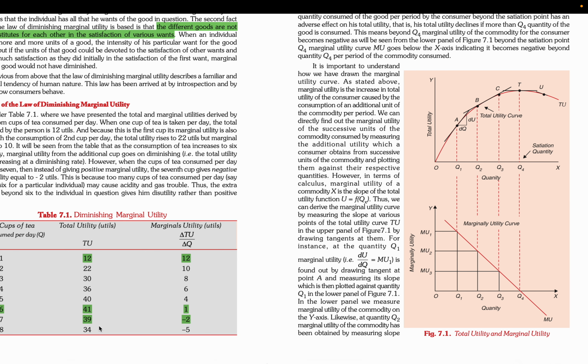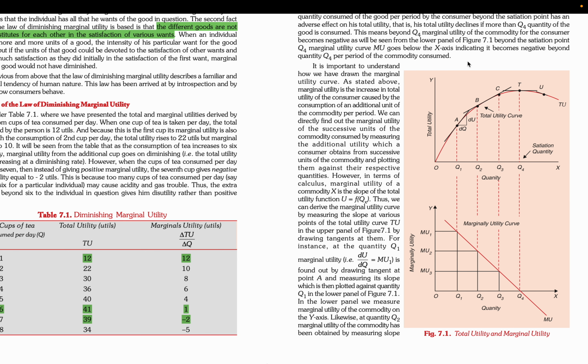It can decline because if there is negative utility and you add that up, since for total utility you add all the marginal utilities, you of course start to decrease that total amount. This indicates that marginal utility becomes negative beyond Q4 per period of the commodity consumed.